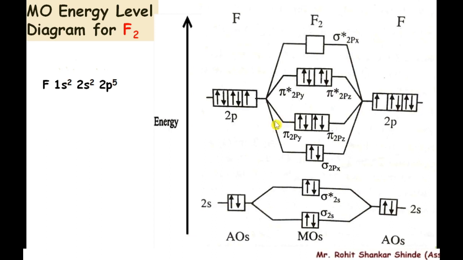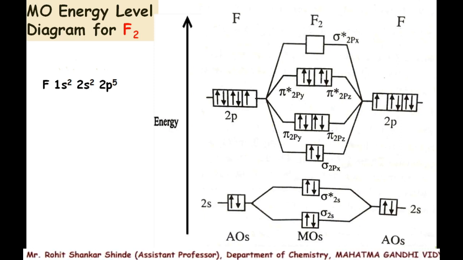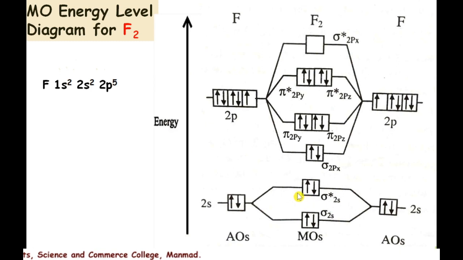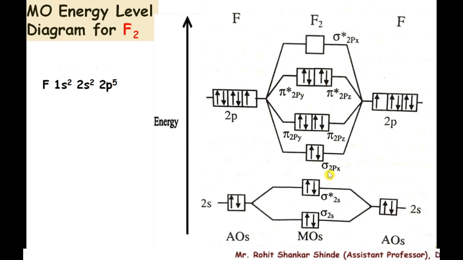This diagram shows the molecular orbital energy level diagram of F2 molecule. In short, we can say MOT diagram. The first 2 electrons occupy sigma 2s molecular orbital. The next 2 electrons go to sigma star 2s, that is anti-bonding molecular orbital. After this 2 electrons go to sigma 2px, a bonding molecular orbital.